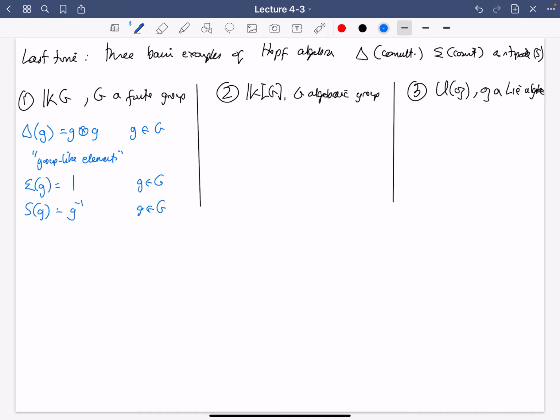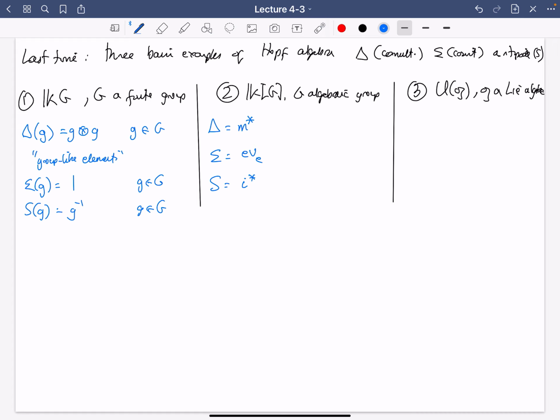For the coordinate algebra of an algebraic group, the co-multiplication was just the dual, the comorphism of the multiplication on the algebraic group itself. The co-unit was just evaluation at the identity element, and the antipode was the comorphism of the group inversion map.